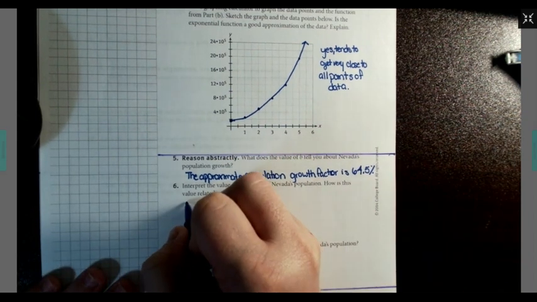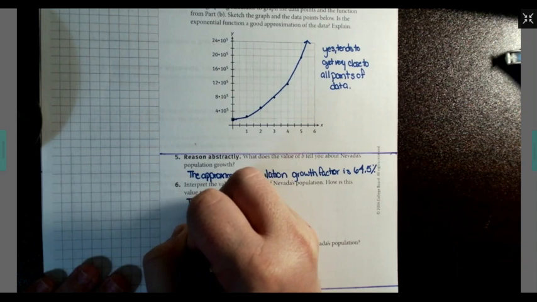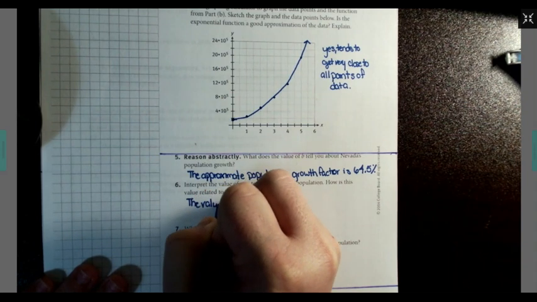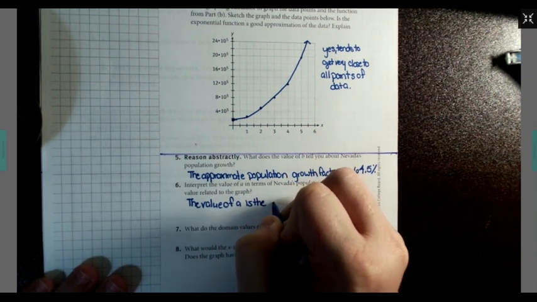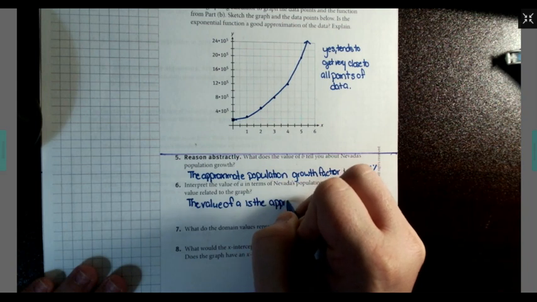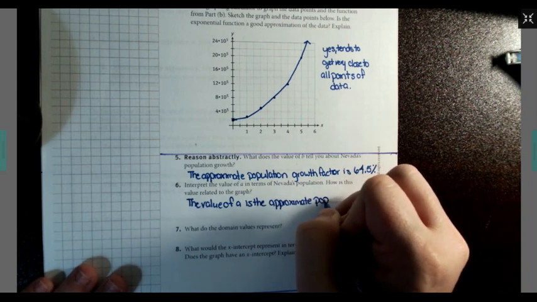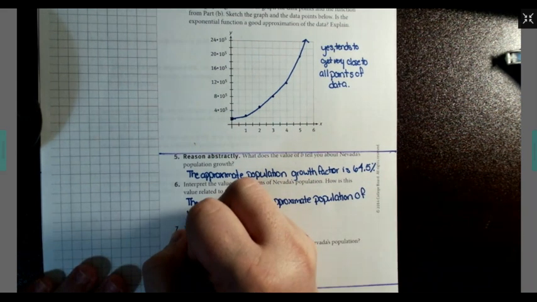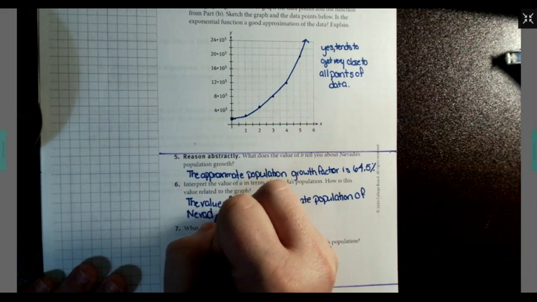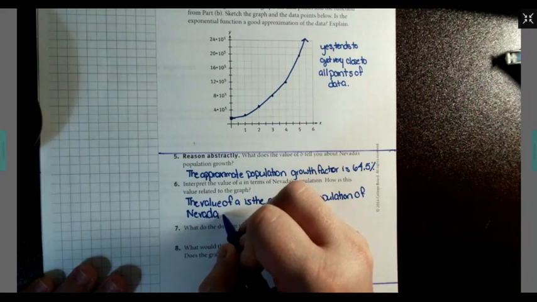Well, this value, the value of A, is the approximate population of Nevada in 1950.